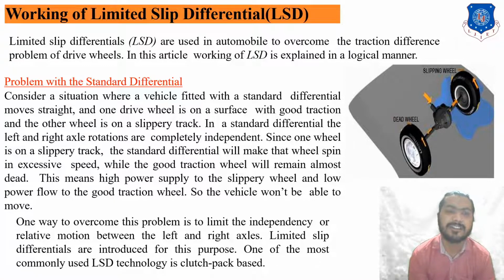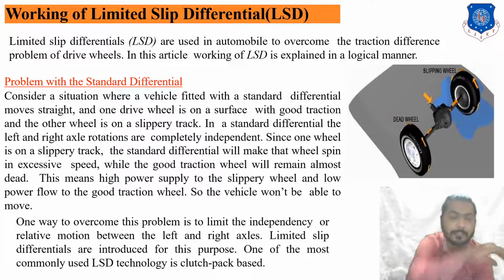The problem with the standard differential is this: consider a situation where the vehicle fitted with a standard differential moves straight and one drive wheel is on a surface with good traction and the other wheel is on a slippery surface. In a standard differential, left and right axle rotations are completely independent.